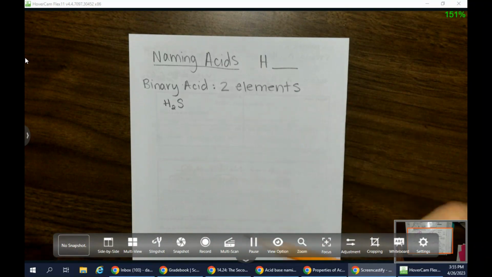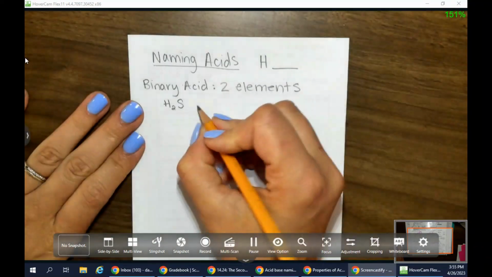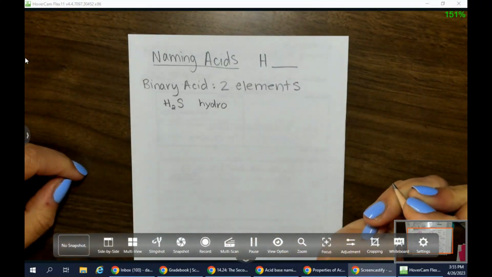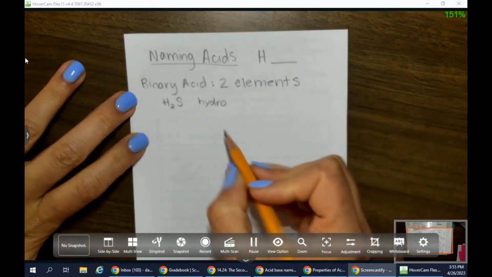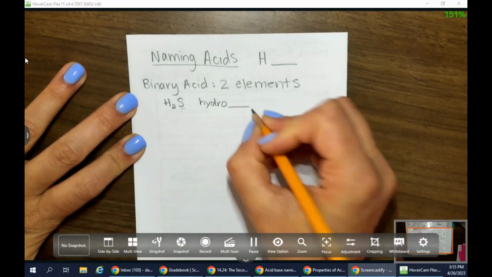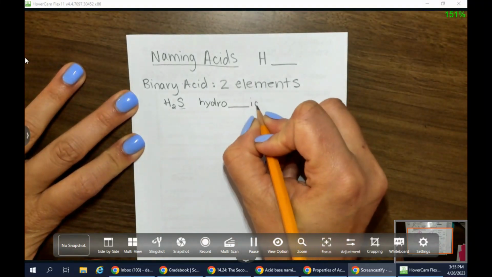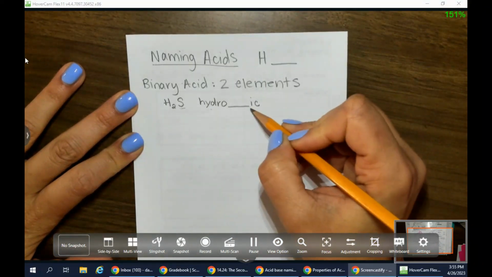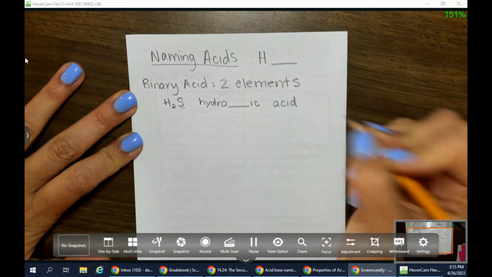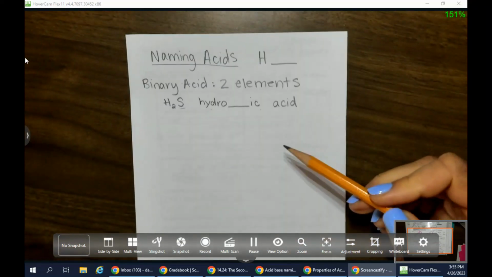When you go to name a binary acid, you have to start with the prefix hydro. Then you're going to be writing whatever that element is, and you're going to change the ending of it to ic. So hydro, something, ic. And then you're going to follow up with the word acid to communicate that.